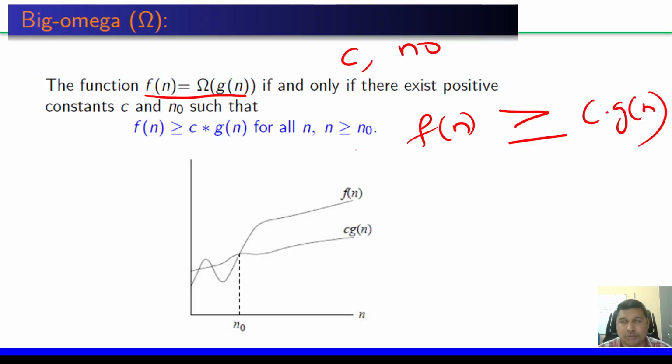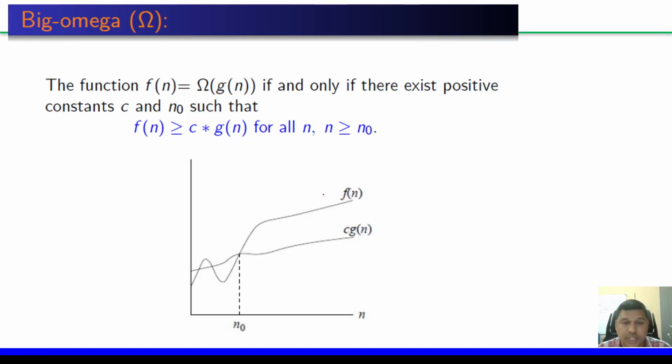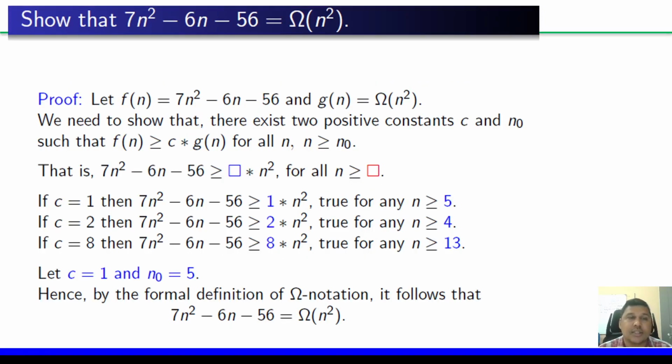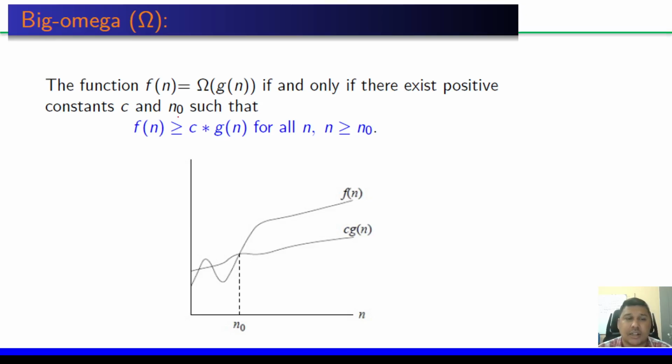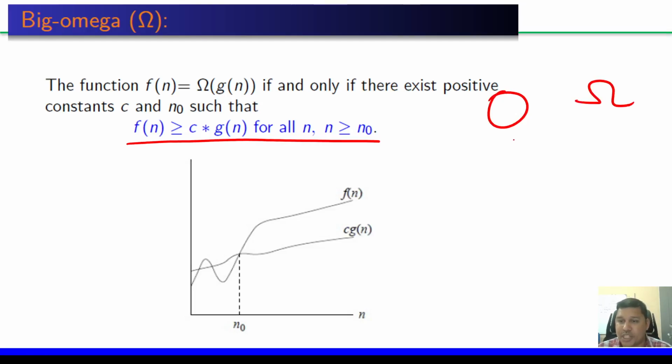Reverse of big O. See the graphical notation: c into g of n is in a lower range compared to f of n. This example is very self-explanatory. Once you understand big O, you will easily understand omega, because this is for less than or equal to, this is for greater than or equal to.